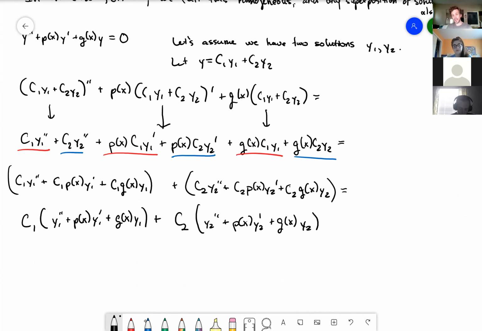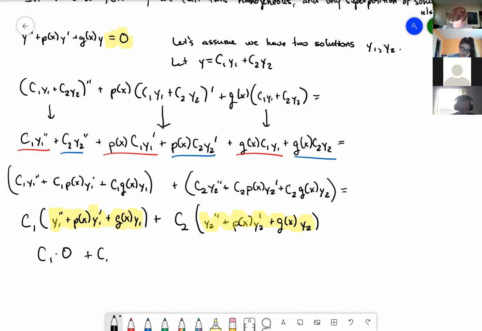Okay, and now we know that because y1 is a solution, this thing is equal to 0, because it's a solution of that equation. So what we get is C1 times 0 here. Same thing here for y2.